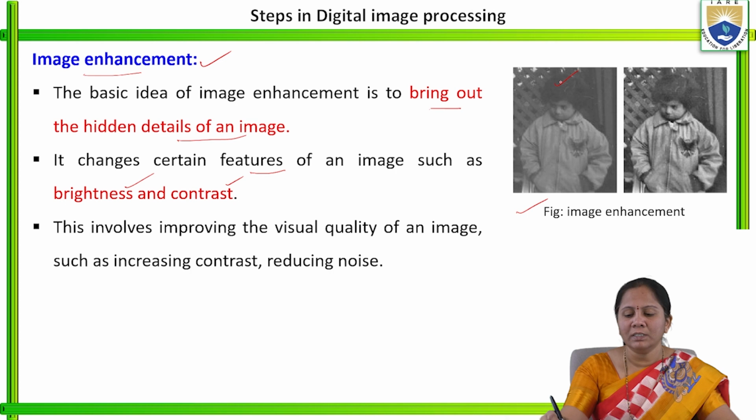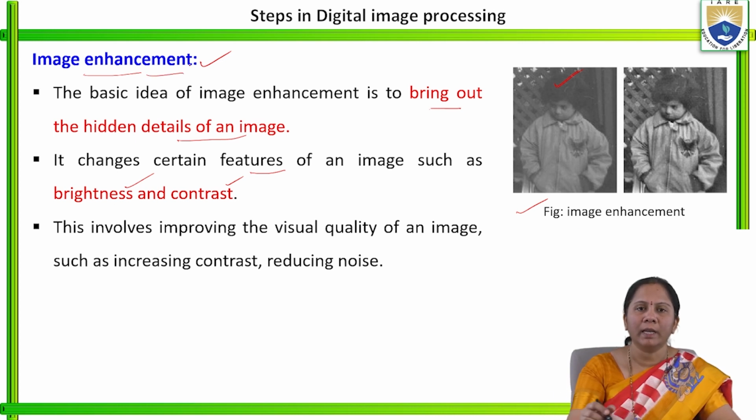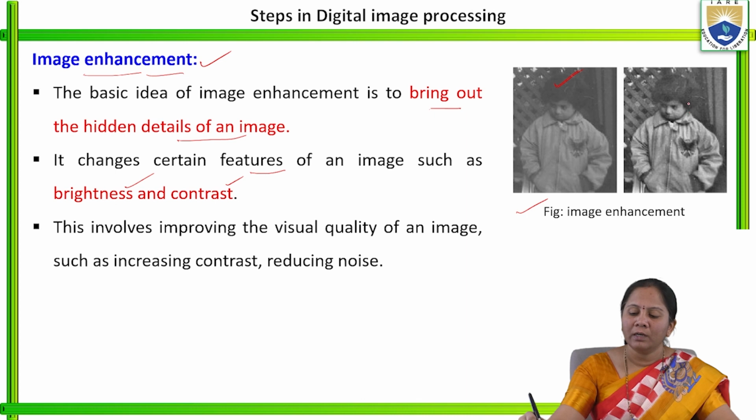The first image is very dull, it is not looking bright, so identifying that particular person is somewhat difficult. When it is given to image enhancement, the output image is the second image. In this image we can see that the brightness and contrast have been increased.